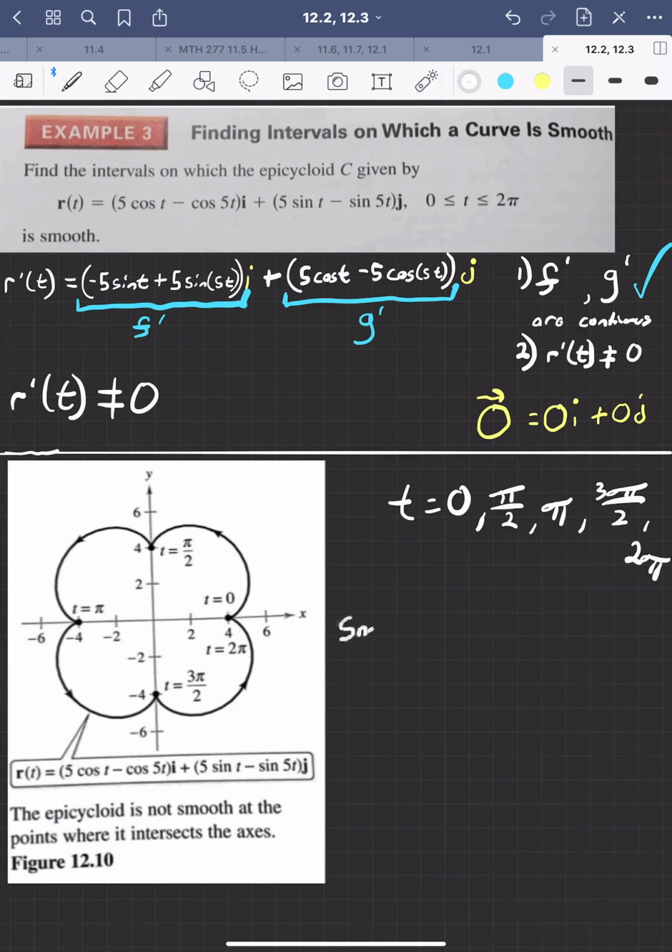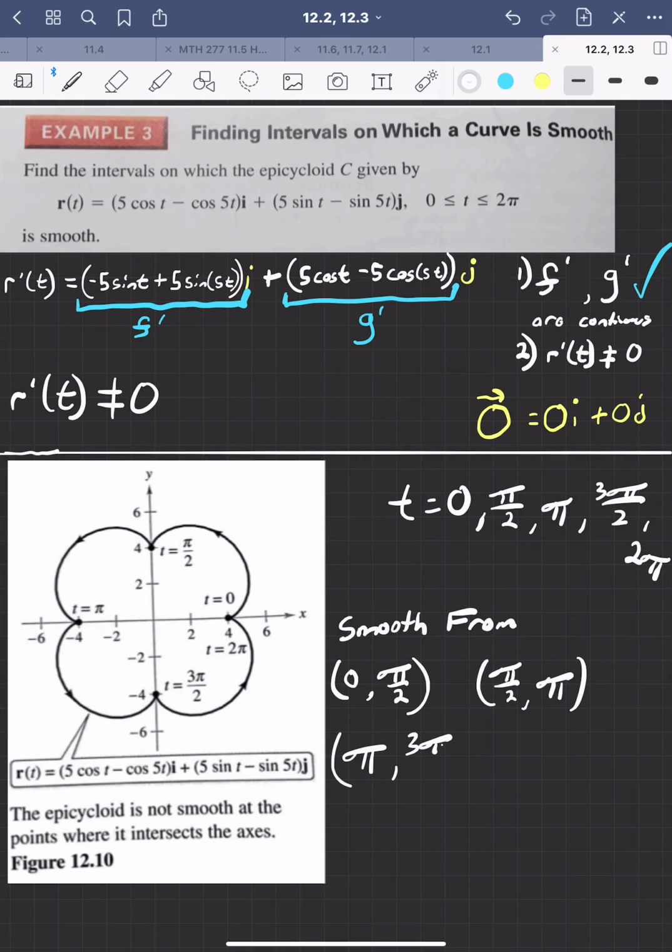So we'll take a break after this, but it's smooth from 0 to pi over 2, from pi over 2 to pi, from pi to 3 pi over 2, and from 3 pi over 2 to 2 pi.